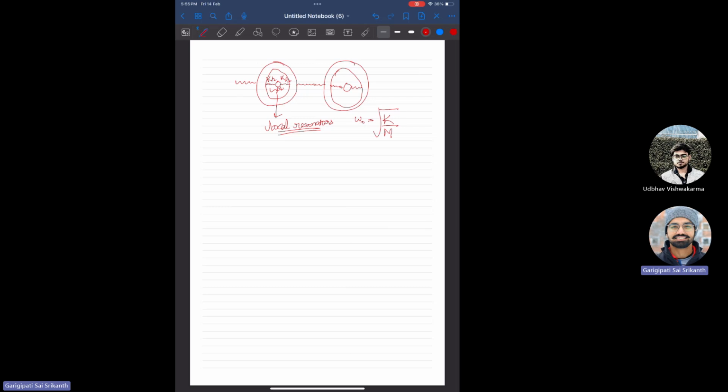Now, if you think about it, what is the base in this scenario? The base is this little mass m, this hollow one, that forms the primary degree of freedom of the unit cell.